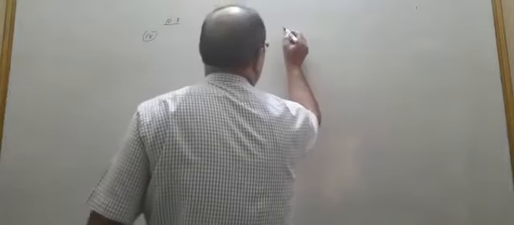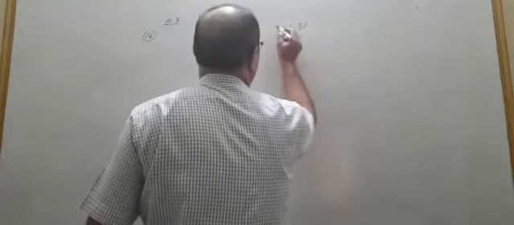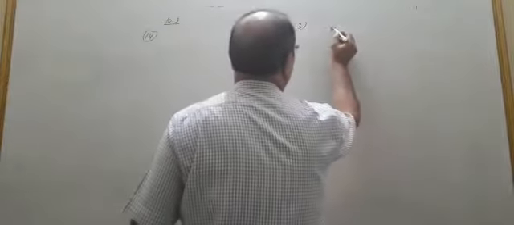Find the coordinates of the foot of perpendicular from the point. Let the point be P. From the point P minus 1, 3 to the line.